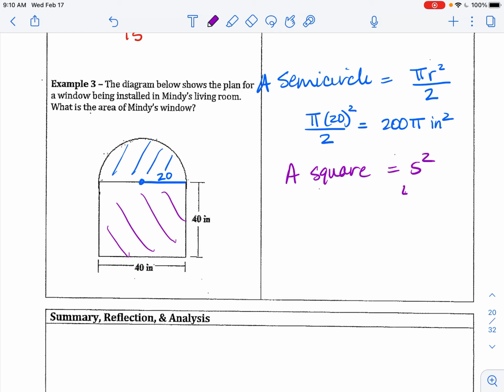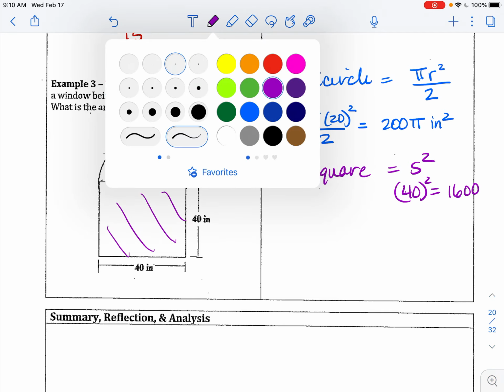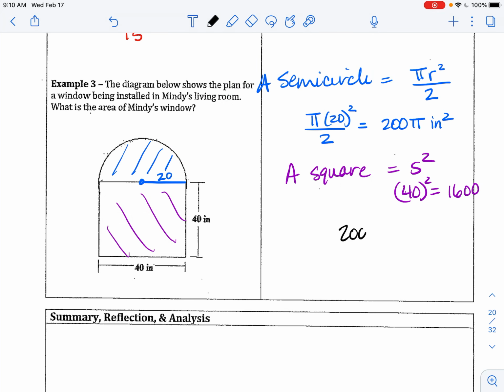And each side is 40, so 40 squared is what, 1600? 4 times 4 is 16, and add on a couple of zeros. And so when we add these up, 200 pi plus 1600 is an exact answer. If we wanted to approximate a decimal, let me see what that would be. Approximately 2,228.32 inches squared.